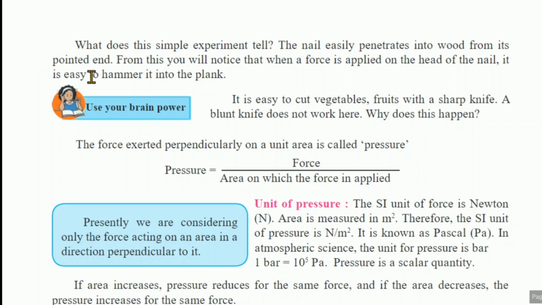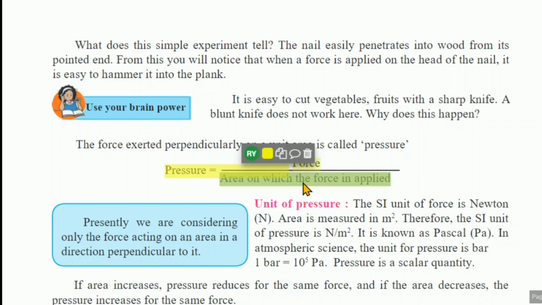From this you will notice that when a force is applied on the head of the nail, it is easy to hammer it into the plank. The force exerted perpendicularly on a unit area is called pressure. Therefore, the formula of pressure is pressure equals force upon the area on which the force is applied.